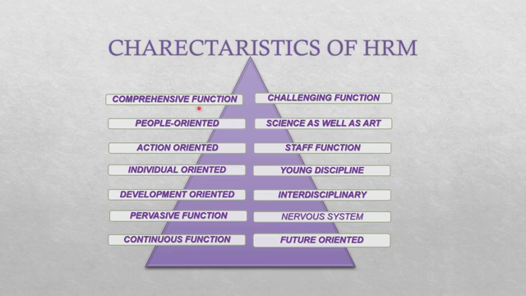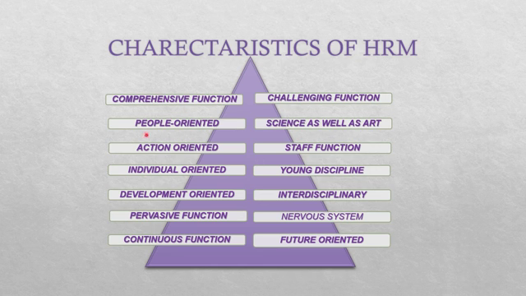Now when an organization or a department is concerned with managing or coordinating the efforts within all these three levels of management, it is done under the comprehensive function of human resource management. The management of all the personnel working from top level to the lower level within an organization is your comprehensive function of human resource management.